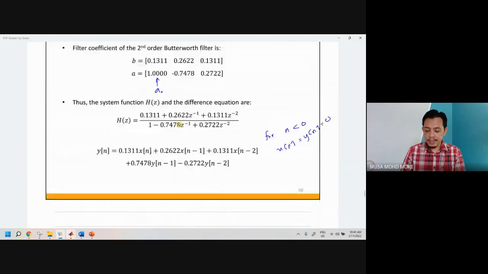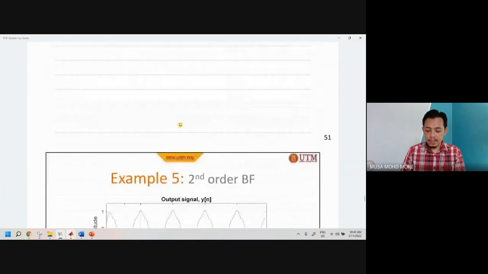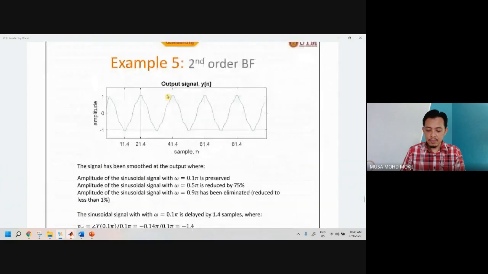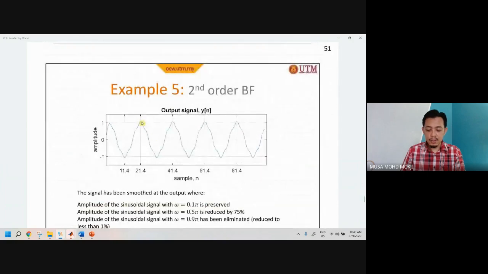So that's why we can see that in this example, the peak here now is at 21.4 because originally it is at 20. So it's being delayed by 1.4 samples. So this is what happens if we have a phase in the filter. The signal is being delayed.